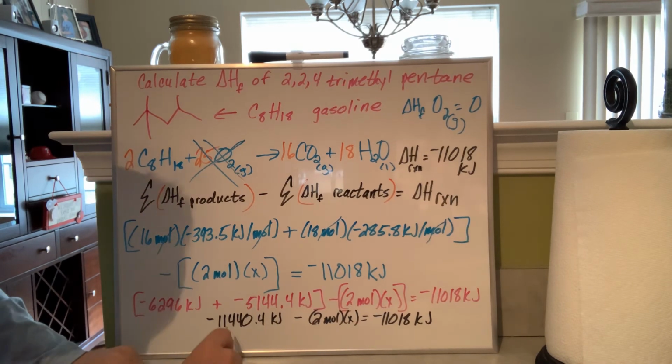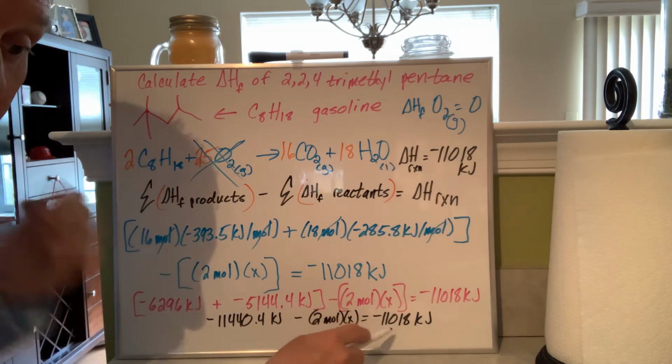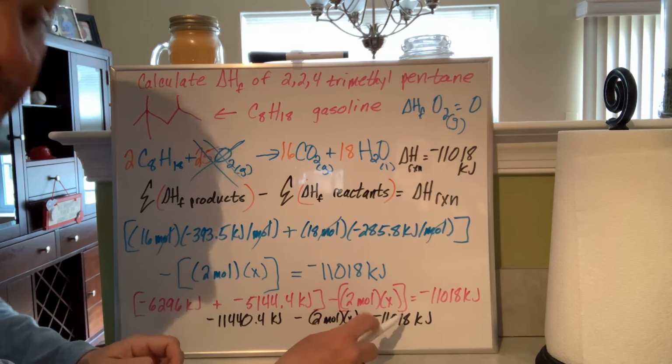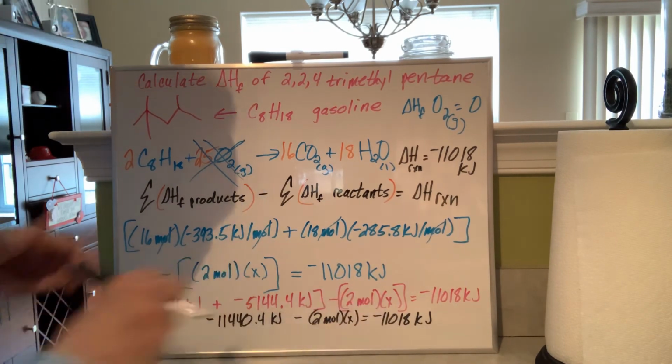All right, so we're gonna add 11,440.4 to both sides. Since I'm running out of room, I'm just gonna give you what that answer becomes, and then I'll do the very last step, okay?